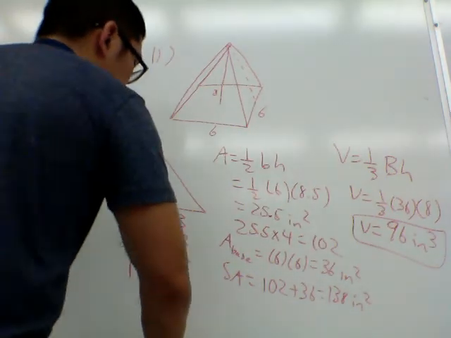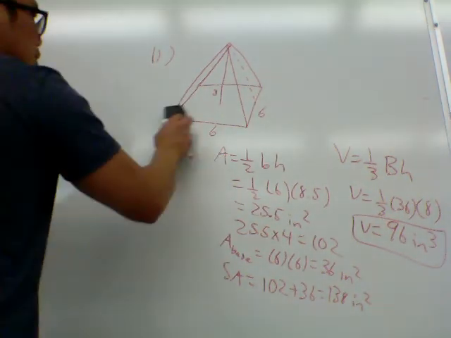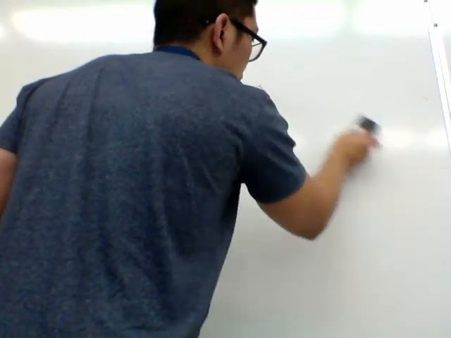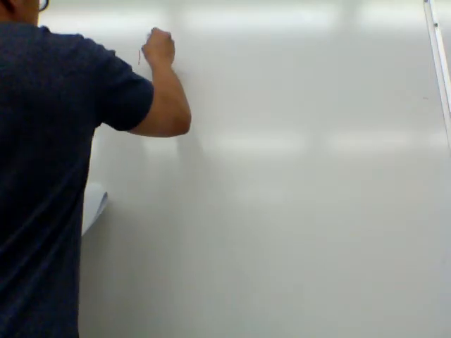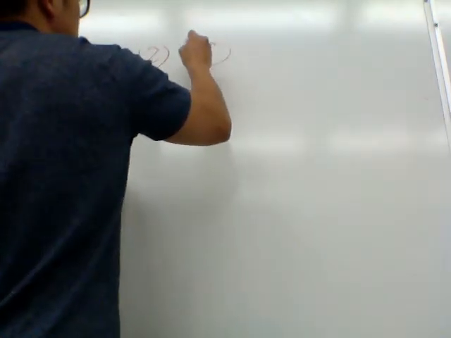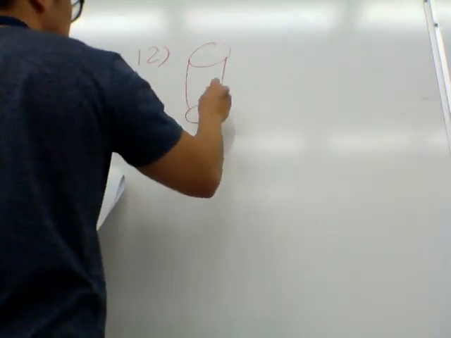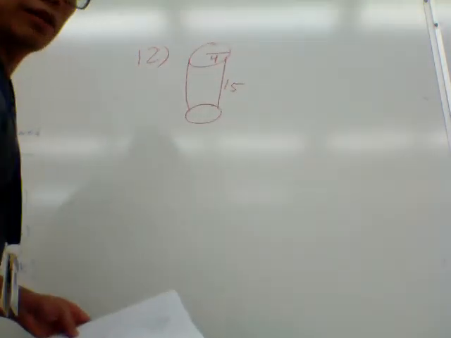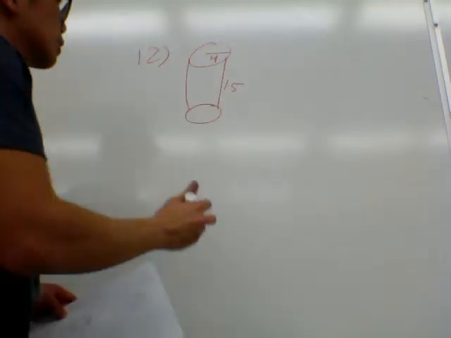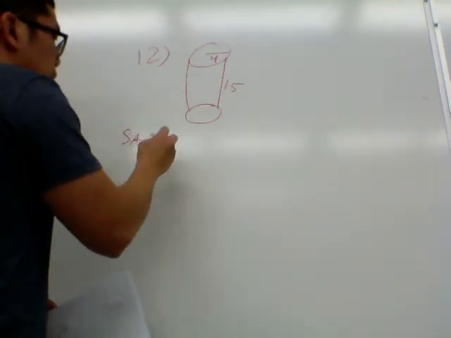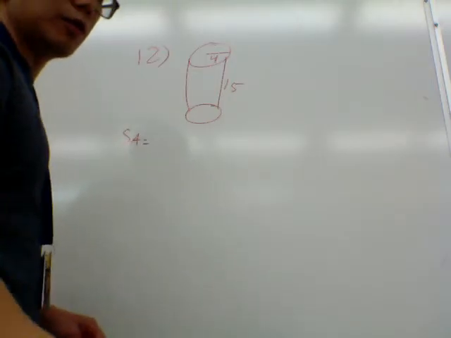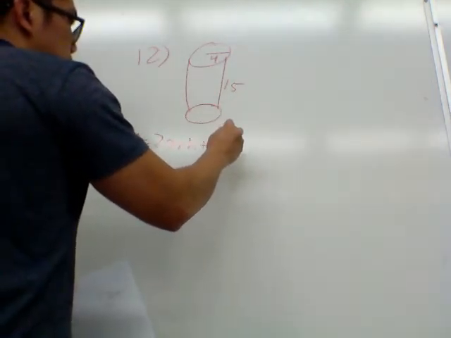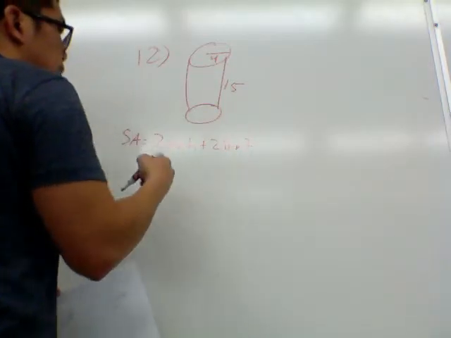For number 12, we have a cylinder. So for 12, I have a cylinder. That is 15 and 4. So the surface area, all I have to do is remember this formula, or actually know how to derive it. Remember, it's the circumference times the height plus 2 of the areas of the circle.